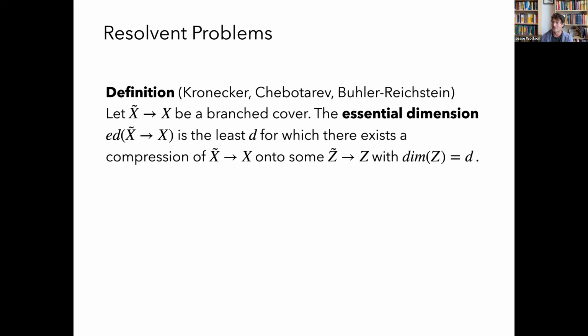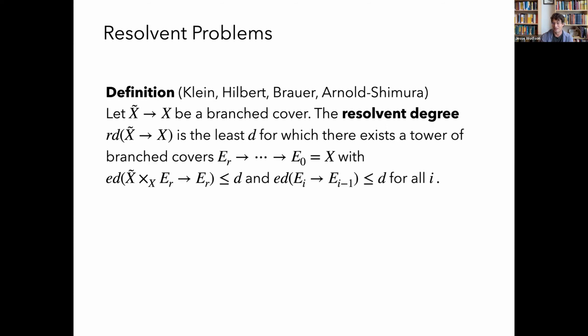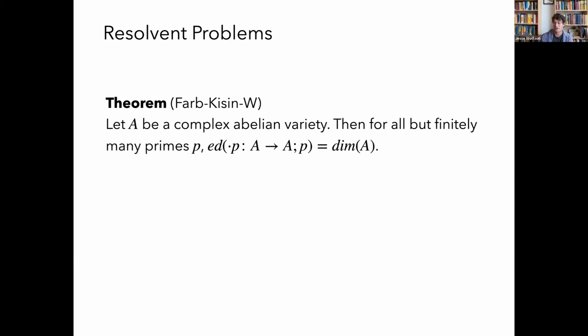The identity map is a trivial P compression. The identity tower is a trivial, tautological solution. So these upper bounds come just from the dimension of X, and the question is what about the lower bounds. And for essential P dimension, in this case, the lower bound is the upper bound. So we have a sharp computation.